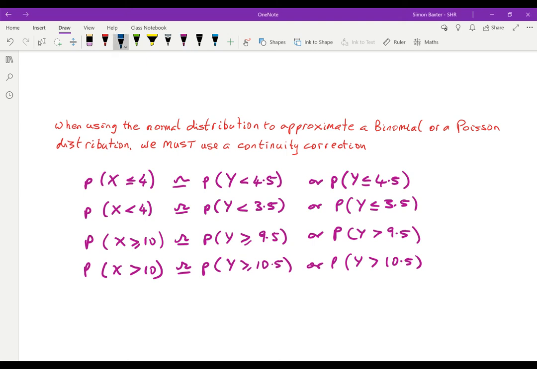That is vital. Don't forget it, and don't be careless when you're using it. You will find more about this in your textbook, S2, on pages 86 to 88.